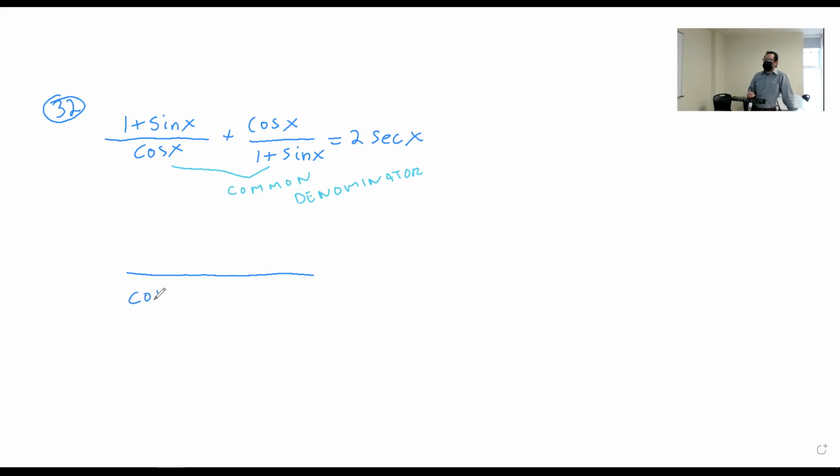So we're going to have cosine of x multiplied by 1 plus sine of x. That's going to be the common denominator. And what we do with the common denominator is look at the expression and multiply by the factor that's missing. So in this case, for the first expression, the common denominator is cosine of x multiplied by 1 plus sine of x. So what's missing is the 1 plus sine of x. So it's going to be 1 plus sine of x multiplied by 1 plus sine of x.